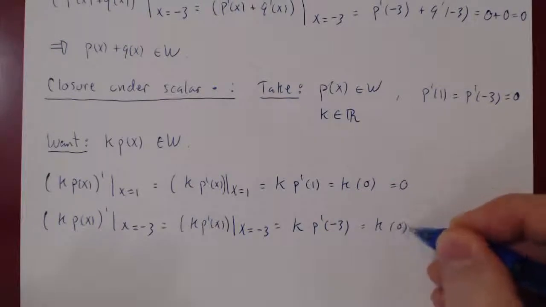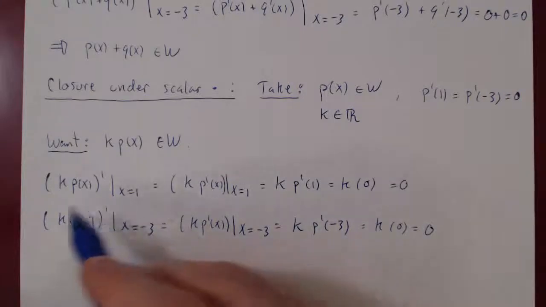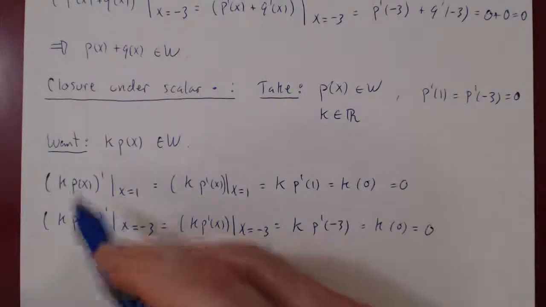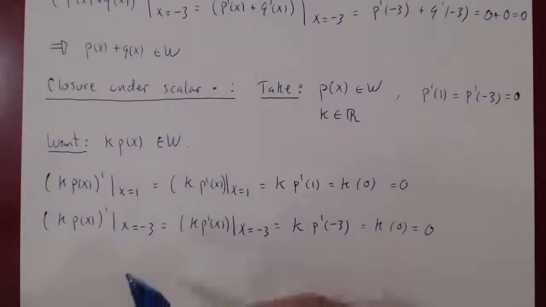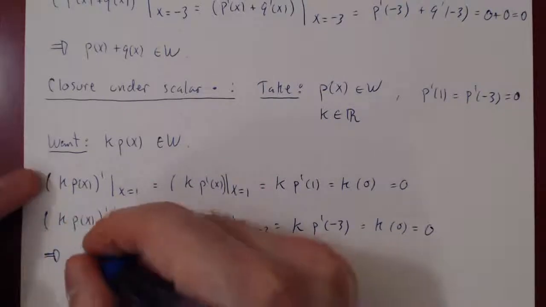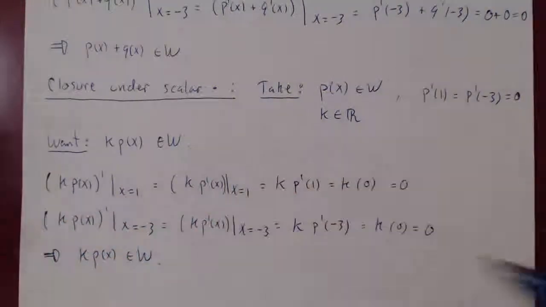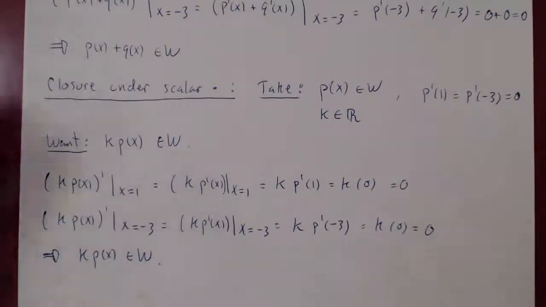We get k times 0, and again, for any real number k, k times 0 is 0. And so you see that x equals 1 is a critical point of k p of x, x equals negative 3 is a critical point of k p of x. Therefore, k times p of x is an element of our space. So we have now proved closure under scalar multiplication. And so, by the subspace theorem, W is indeed a vector space.